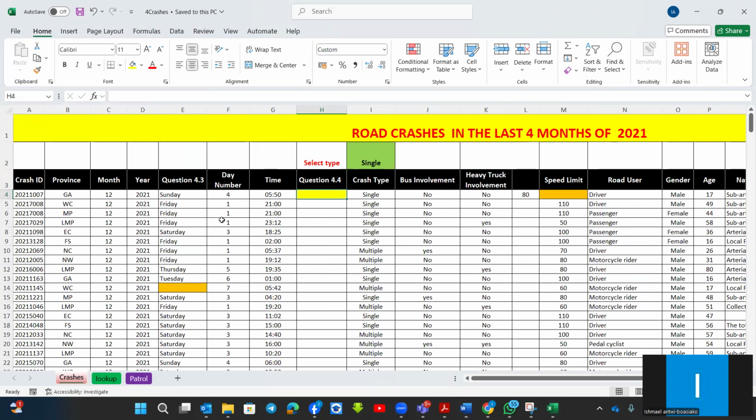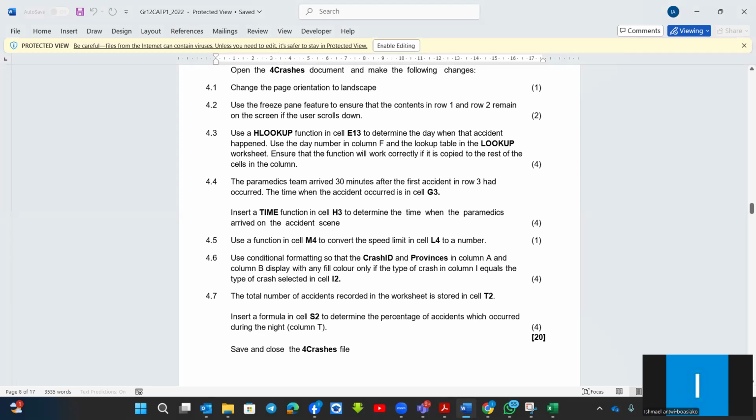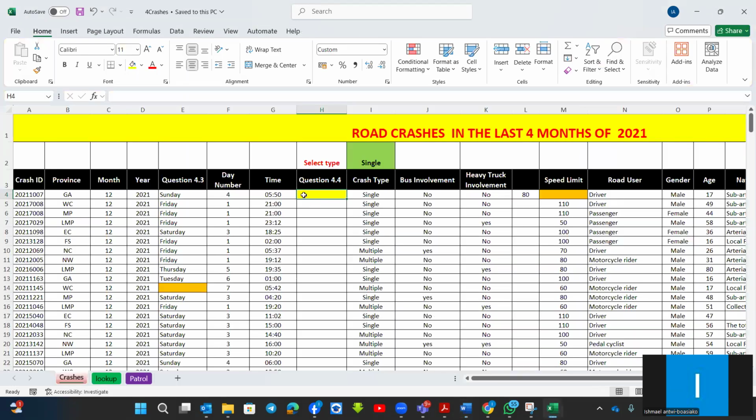Let's go through the question again. They arrived 30 minutes after the first accident. 30 minutes after. And we want to calculate the new time.